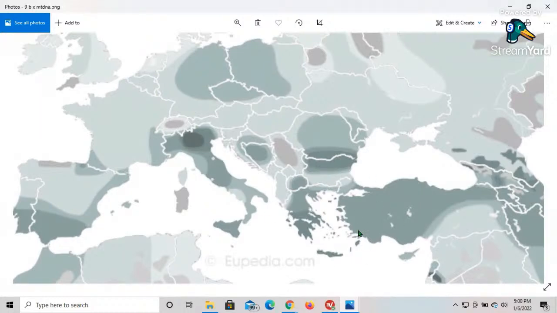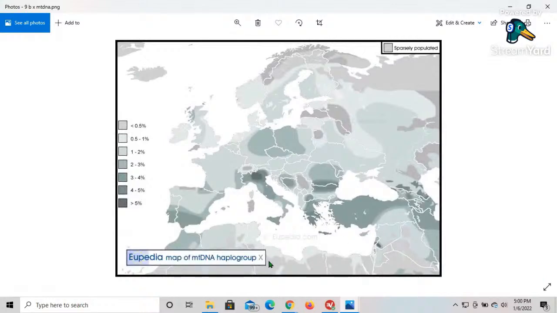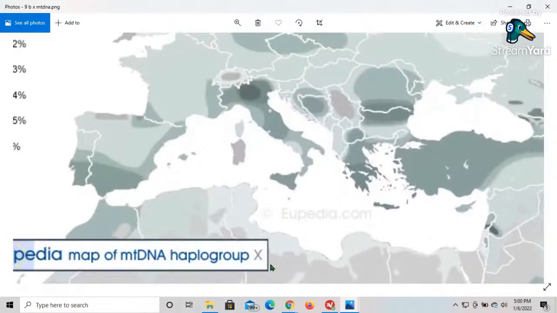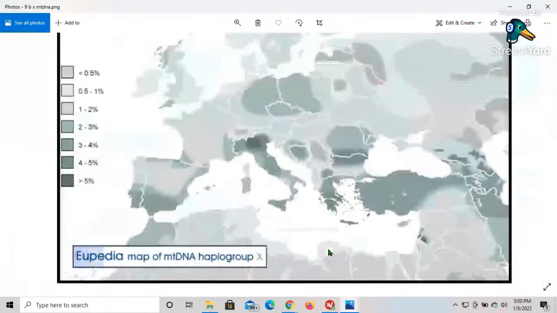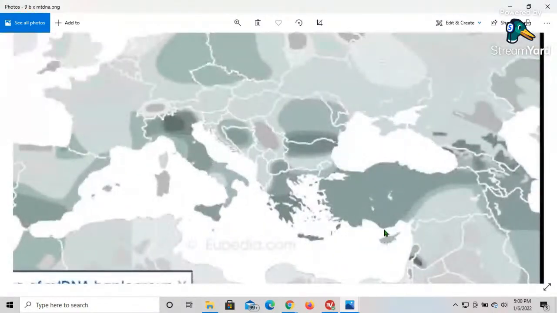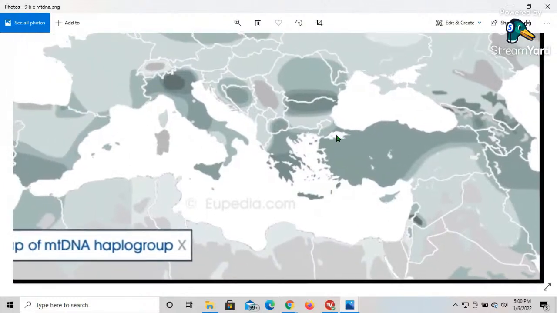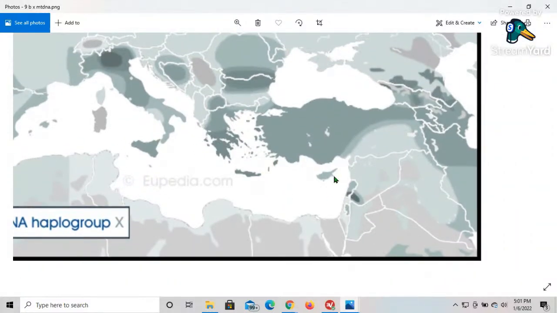I mean, that would be an interesting study right there. Find out where the population of X mitochondrial lineages came from and went to and stuff like that. But it looks like basically Mediterranean sea people, which is also found in America as well.